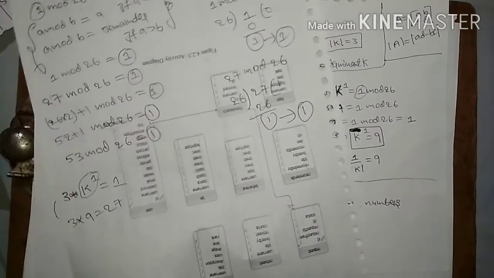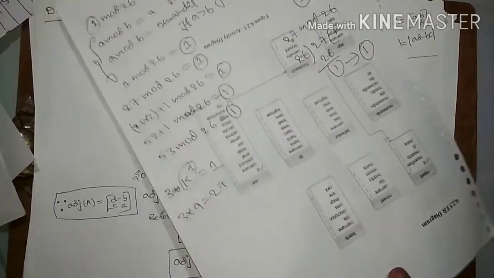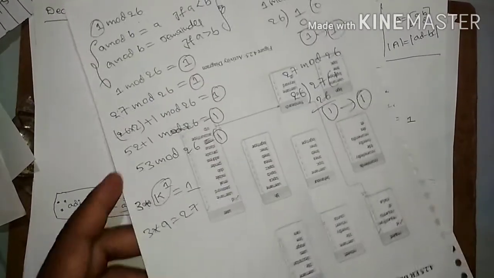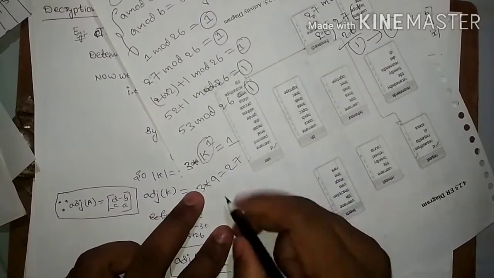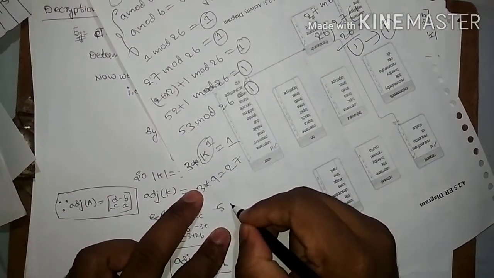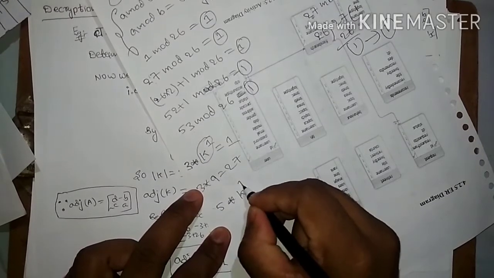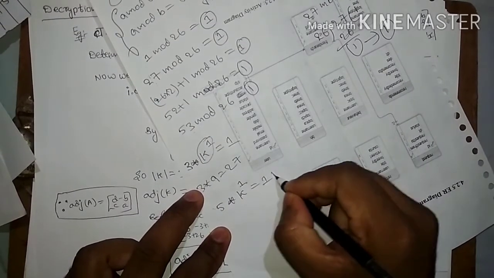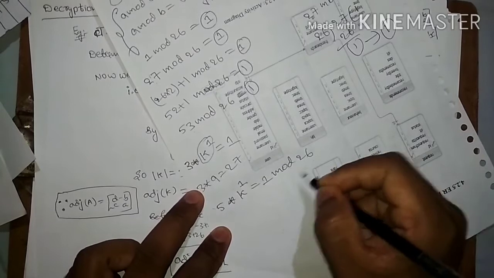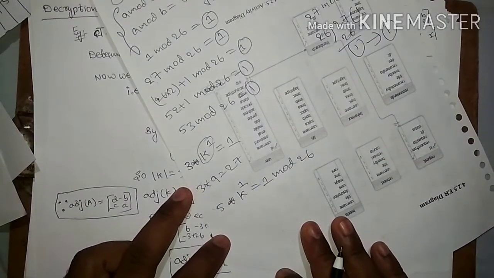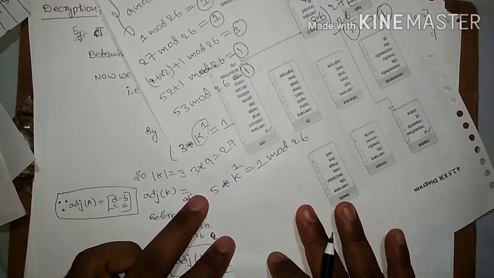Let's take another example. For example, 5 into k dash is equal to 1 mod 26. Here we have to choose.